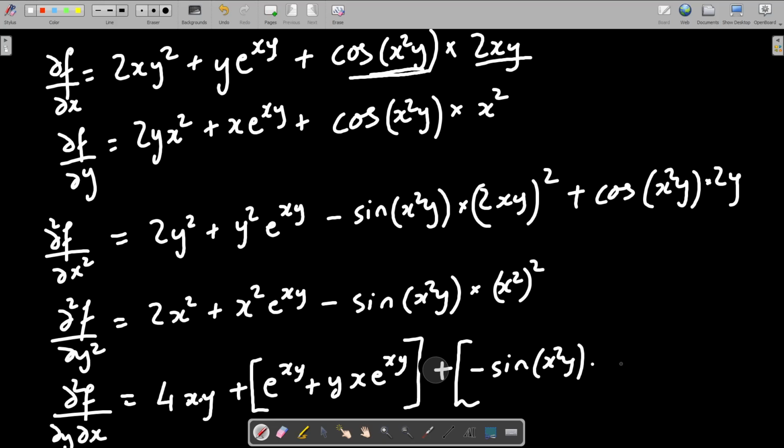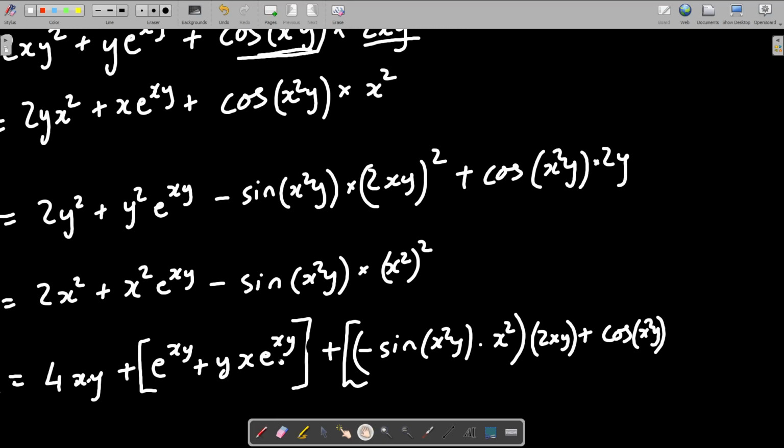I'm taking this with respect to y, so only x² will come out. Plus, not plus, this is going to be xy as it is. Plus the derivative of the second term, that will be cos of x²y into 2x, because that y is going to go from there.